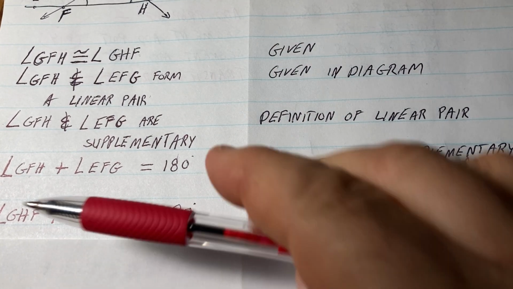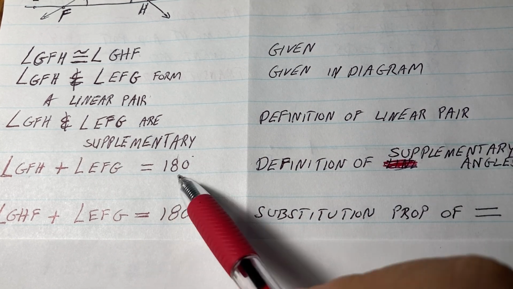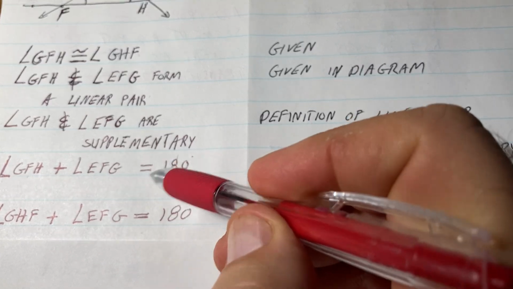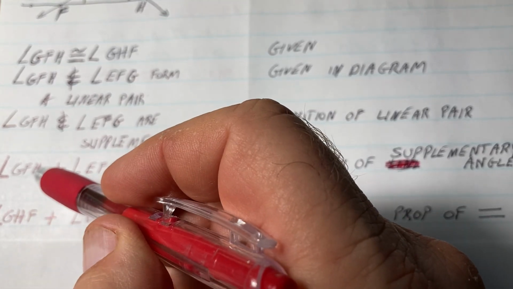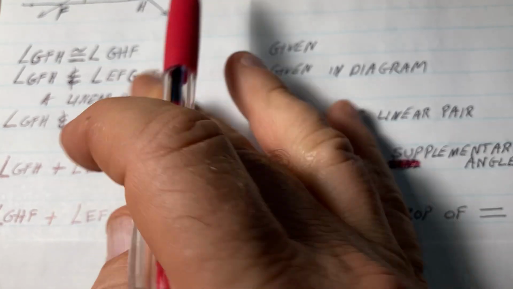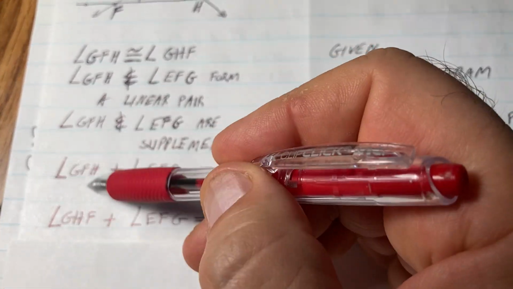Wait a minute, from here to here, aren't those statements the same thing? 180, exact same thing, both pluses, sneaky, sneaky. These are not the exact same thing.